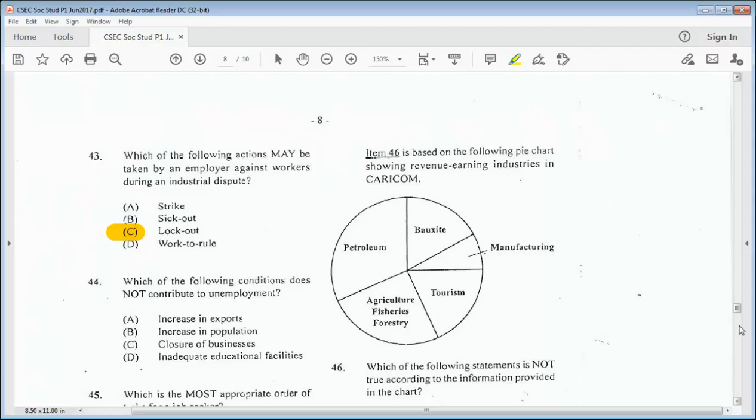Let's look at our other options. Increase in population. That would contribute. Once we have an increase in the population, then that could contribute to unemployment. C, closure of businesses. If businesses are closed, then persons will be out of a job. So that would contribute to unemployment. D, inadequate educational facilities. Also, that would contribute to unemployment. So our answer would be A, increase in exports. That would not contribute to unemployment.